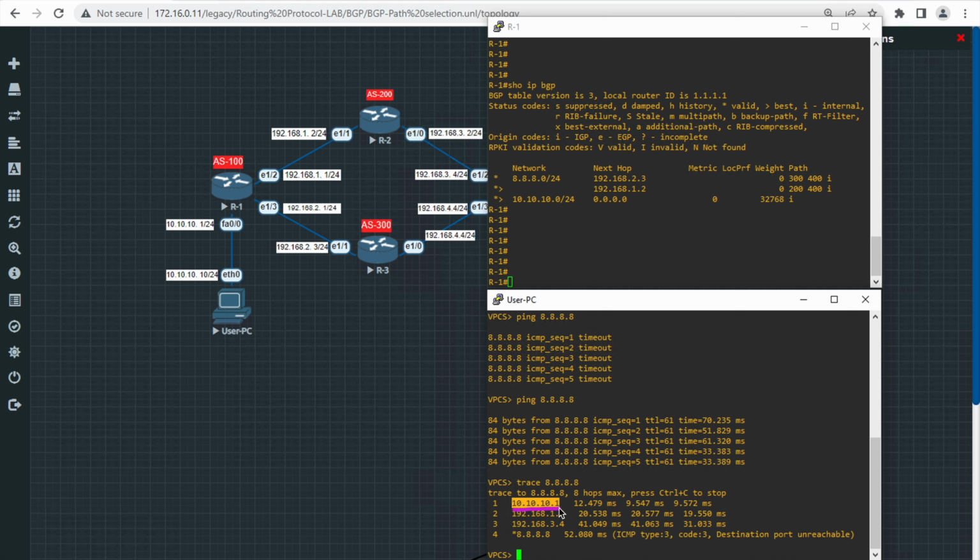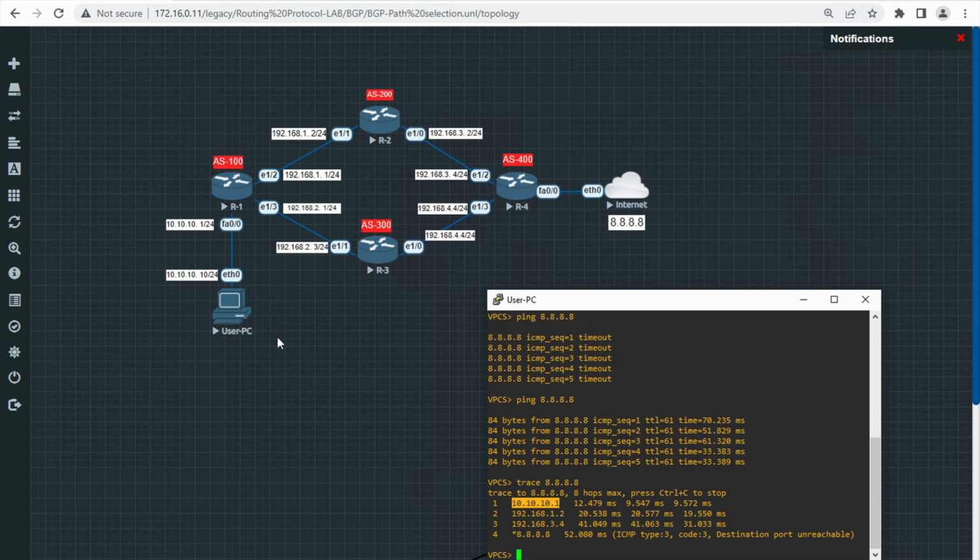Then it takes 192.168.1.2, right? So who is 1.2? This guy. So we understand this is the best path it takes to reach the destination. First 1.2, then 3.4. Who is 3.4? This is the path, right? Hope you understand. So it takes this path to reach the destination.